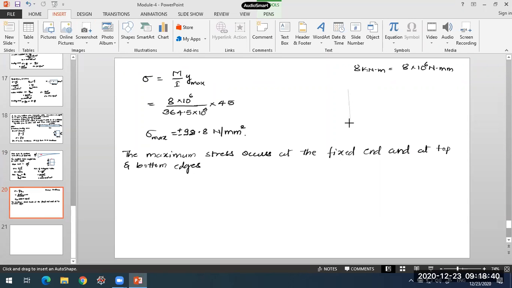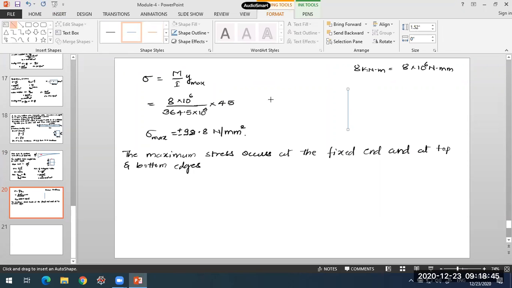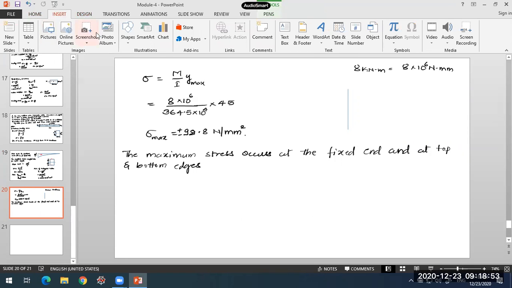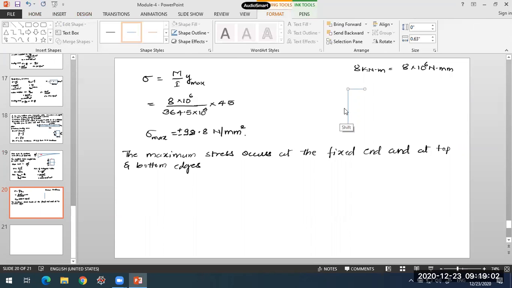I can even show a plot for the variation in the bending stress. If you plot the bending stress across the depth of this cross section, you will get something like this. This is what the variation in bending stress will be.